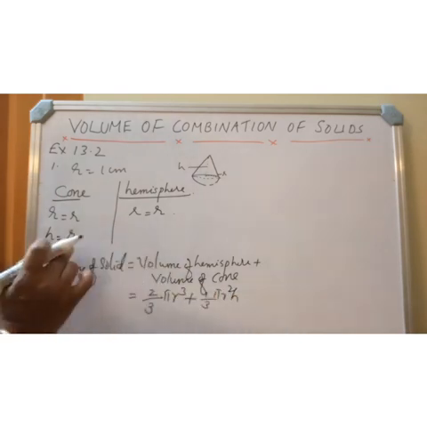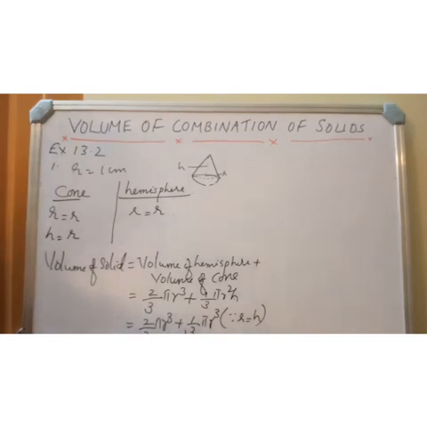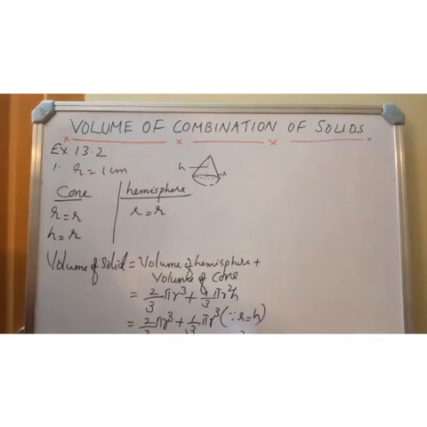Here our h is same as r, isn't it? So 2 by 3 pi r cube plus 1 by 3 pi r square into r will come r cube. So 1 by 3 pi r cube, since r equal to h. So 2 by 3 pi r cube plus 1 by 3 pi r cube, that is 3 by 3 pi r cube. R is 1. So 3 by 3 is 1, that is pi into 1 cube, that is equal to pi.